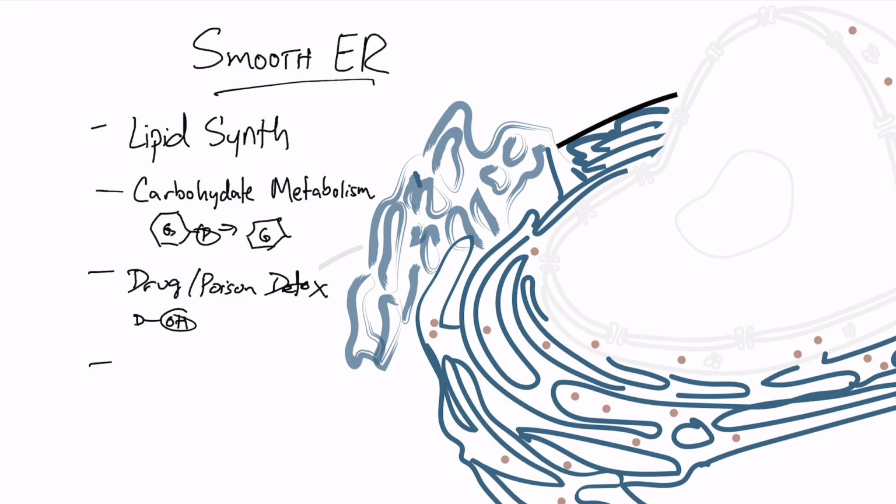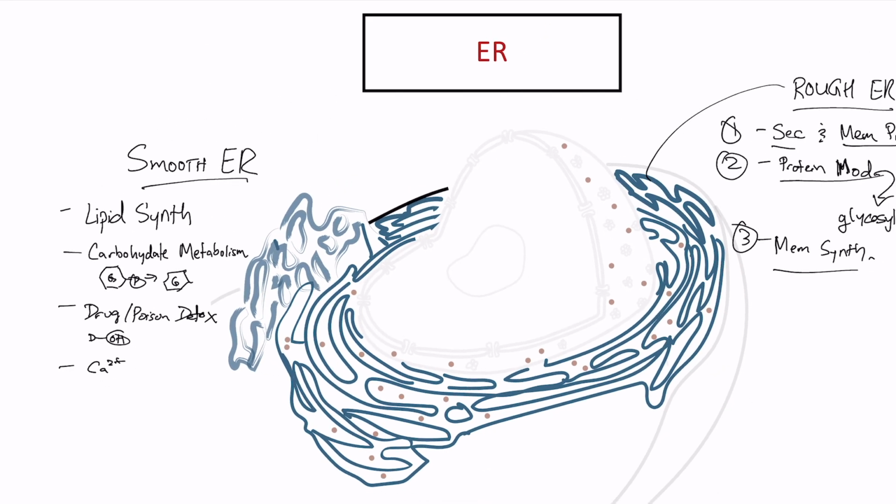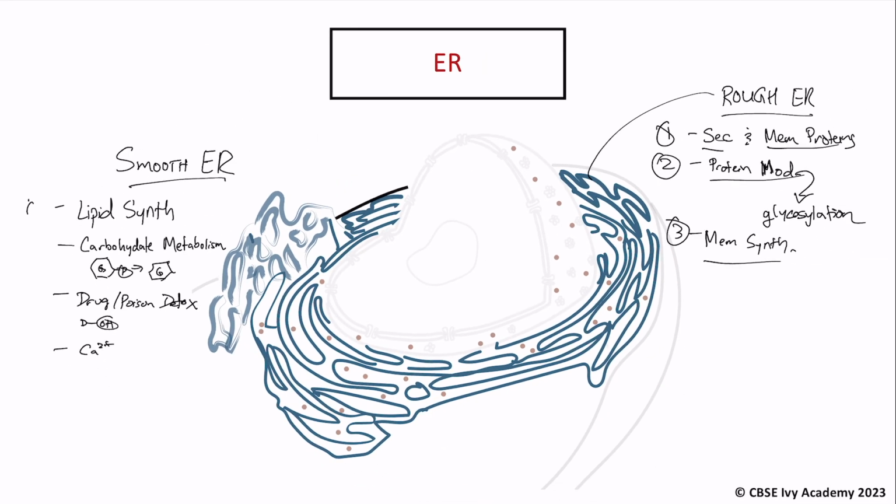Okay, and the fourth function of the smooth ER is calcium ion storage. In muscle cells, the smooth ER, for example, keeps a large calcium store. And then when it's activated, it releases that calcium, and that leads to muscle contraction. So those are the 4 functions of the smooth ER. 1, 2, 3, and 4. I'll go ahead and clear the ink and ask you your questions for this topic.